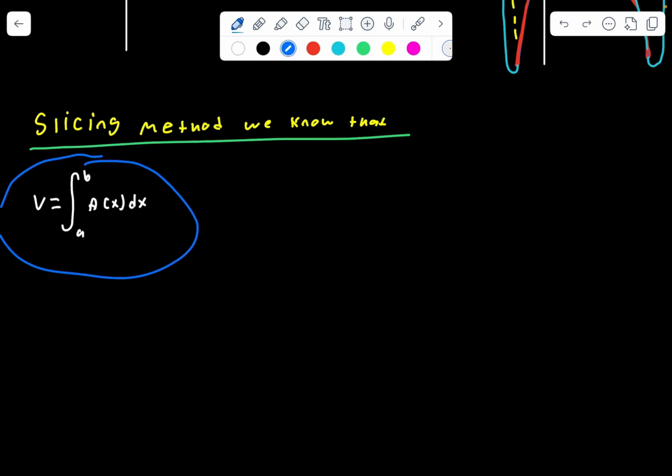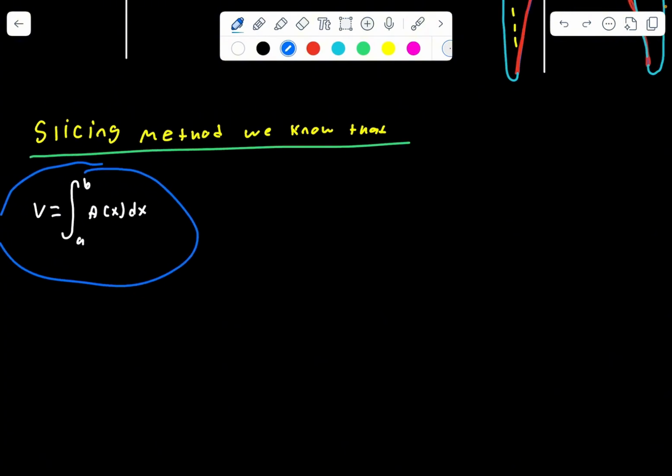The only difference with the disk method is that we know the formula for the cross-sectional area ahead of time. It is the area of a circle. This is given by the following rule. So pretty interesting how you can also use this in the slicing method, but like it said in one of the textbooks I'm reading, we know that formula for the cross-sectional area ahead of time.